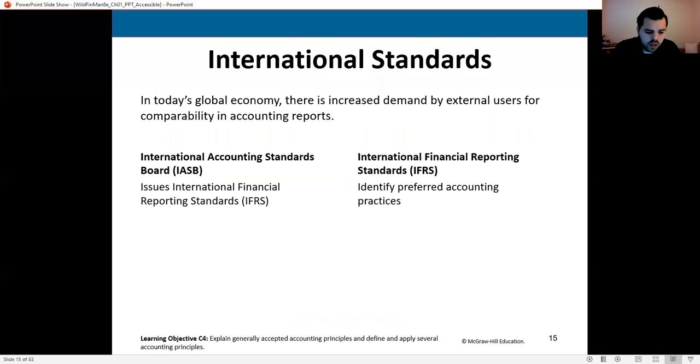So the next thing is what we call international standards, which I hinted at just a second ago. We have the IASB, the International Accounting Standards Board, who promulgates the IFRS, the International Financial Reporting Standards. So that is the way this works.